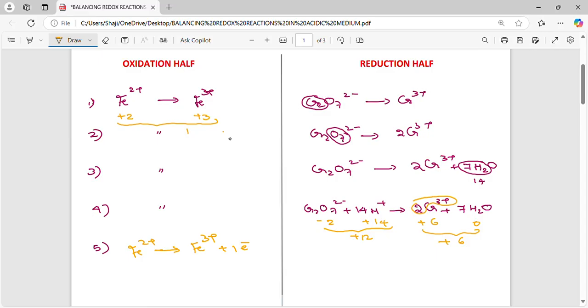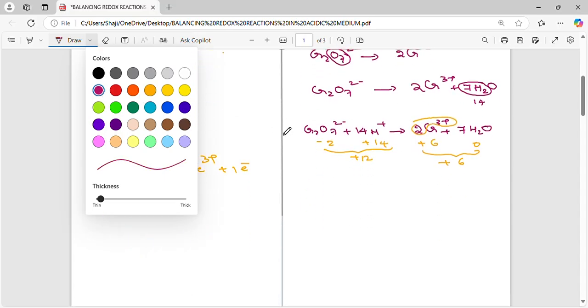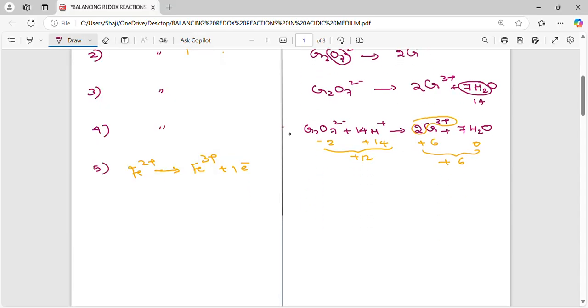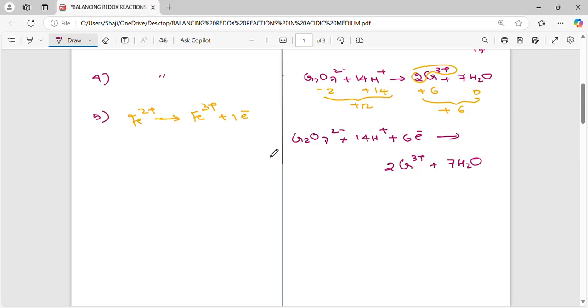So 6 electrons are to be added on the more positively charged side, which is the LHS. So the reaction is Cr2O7 2- plus 14 H+ plus 6 electrons gives 2 Cr3+ plus 7H2O. So now all the charges are balanced.